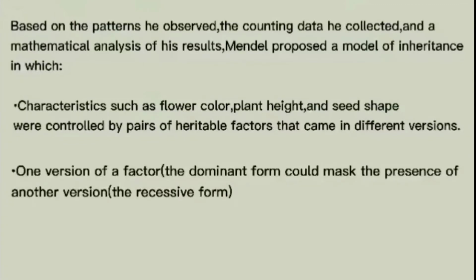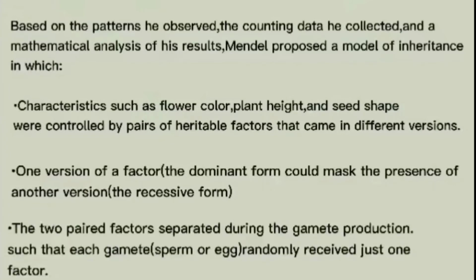One version of a factor, the dominant form, could mask the presence of another version, the recessive form. The two paired factors separated during gamete production such that each gamete, sperm or egg, randomly received just one factor. The factors controlling different characteristics were inherited independently of one another.